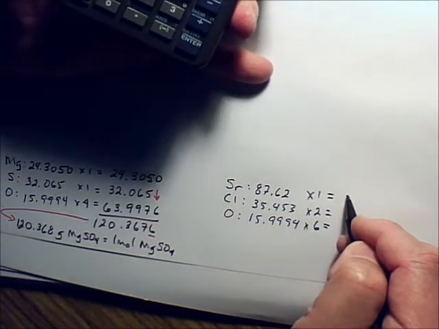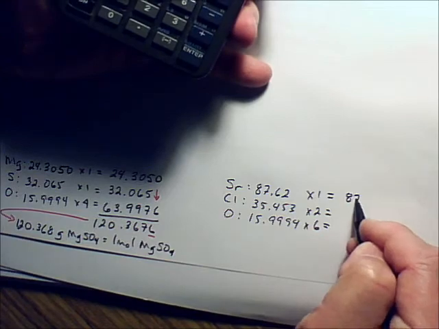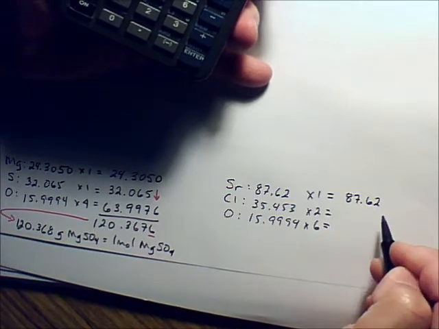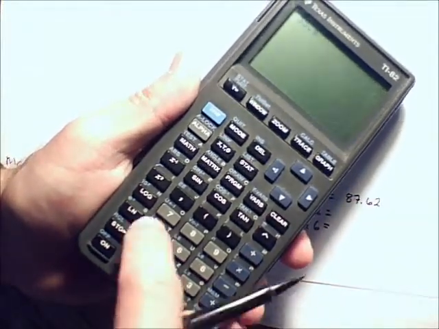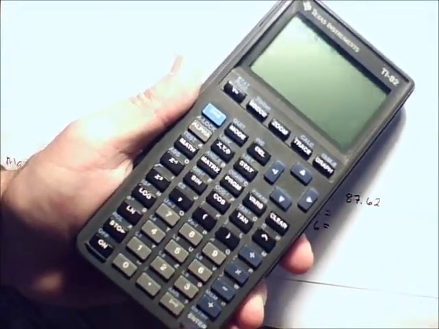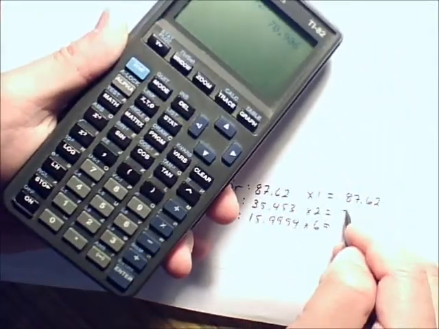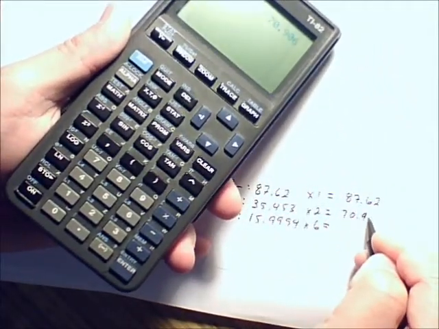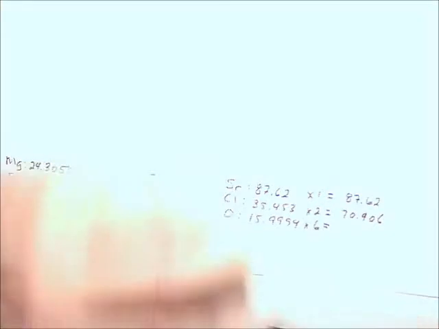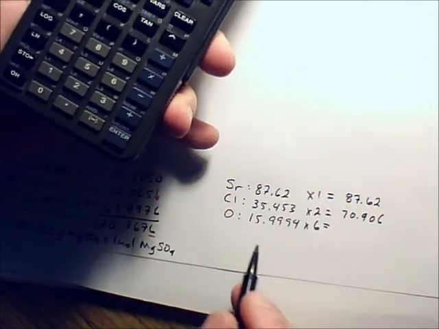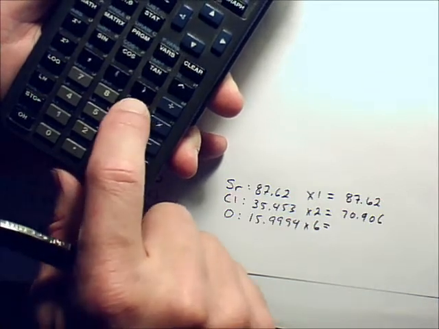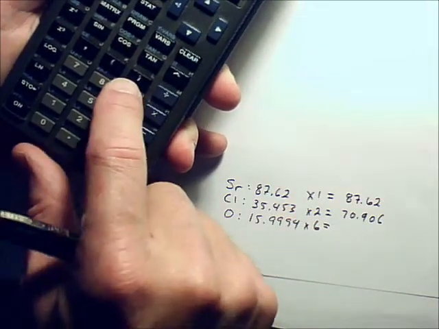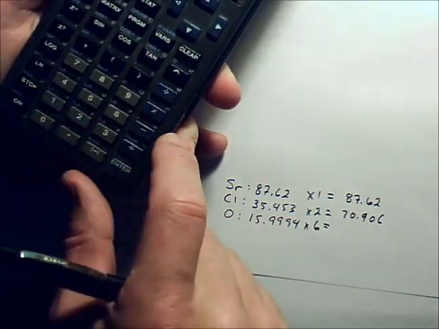So we can put our 87.62 over here. And then 35.453 times 2 is 70.906. And 15.9994 times 6.